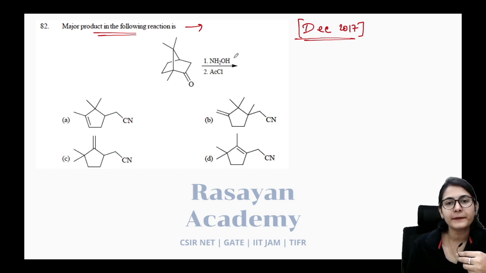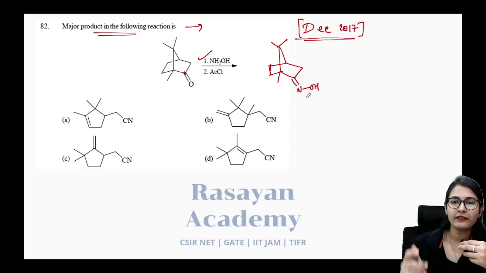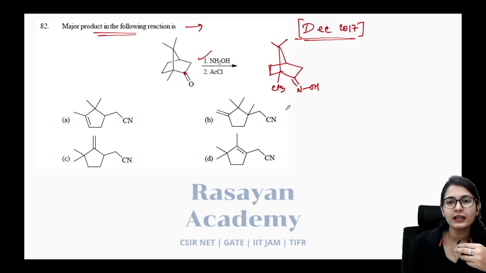First of all, we are going to convert the carbonyl into the hydroxylamine this way, right? Okay, now you want to keep this OH group away from this methyl, isn't it? Because of the bulk. Yes.